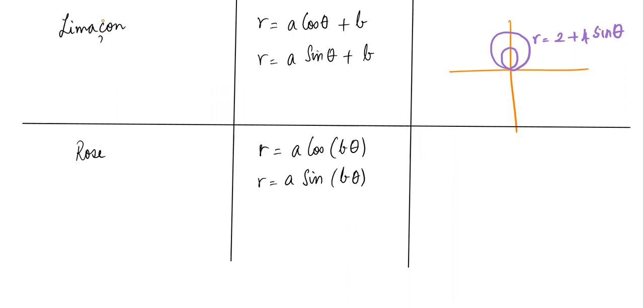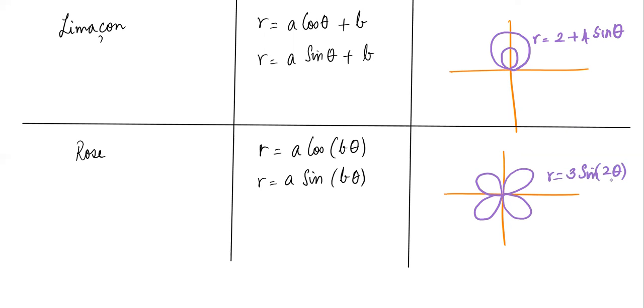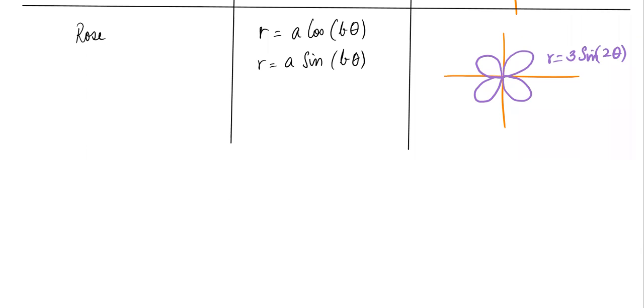And for this, you will have beautiful petals, which I can draw somewhat better. r equals 3 sine 2 theta. So these are some of the shapes that we can see, and there are many, many more.